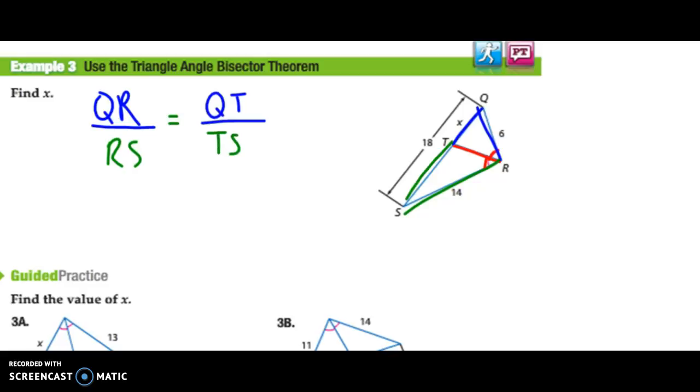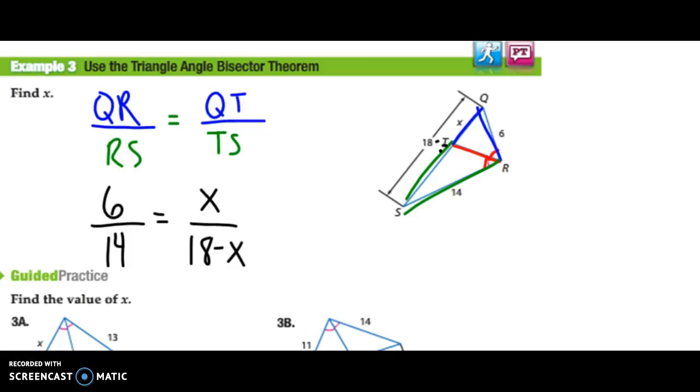Okay, so let's fill in our numbers where we can. Well, QR is 6, and RS is 14. QT is X, and TS is going to be the value of 18, but minus the X part.